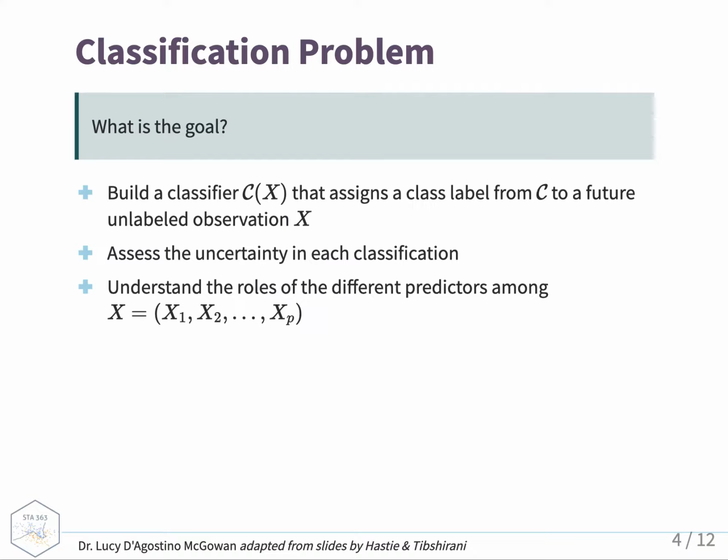We're trying to build a classifier C(X) that assigns a class label from C to a future unlabeled observation X. And we'd like to then potentially assess the uncertainty in each of these classifications, or maybe we're interested in understanding the roles of different predictors among the X variables, X1 to Xp. These goals are really similar to the regression problem goals, except now we're dealing with classification, where we have a qualitative outcome variable.